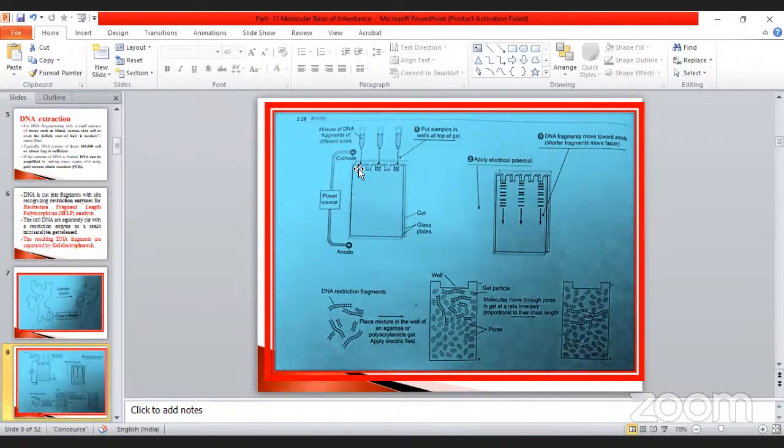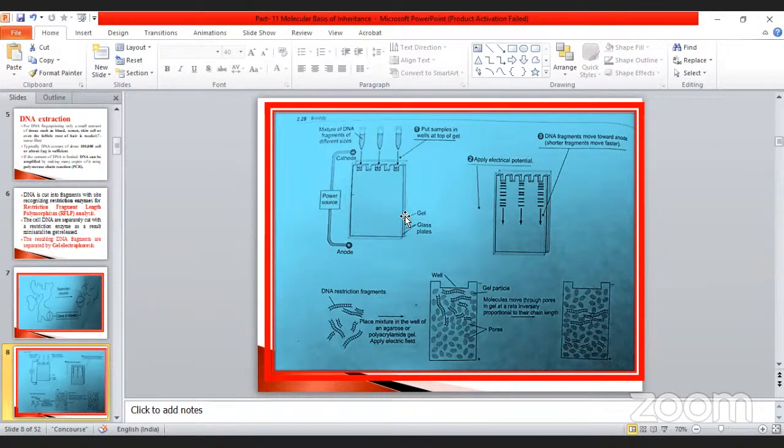In this gel electrophoresis, there are small well-like structures. Each one has a specific small well. The wells are filled with the samples A, B and C from different animals or different plant sources. After the loading of the samples is complete, it is kept under an electric field.